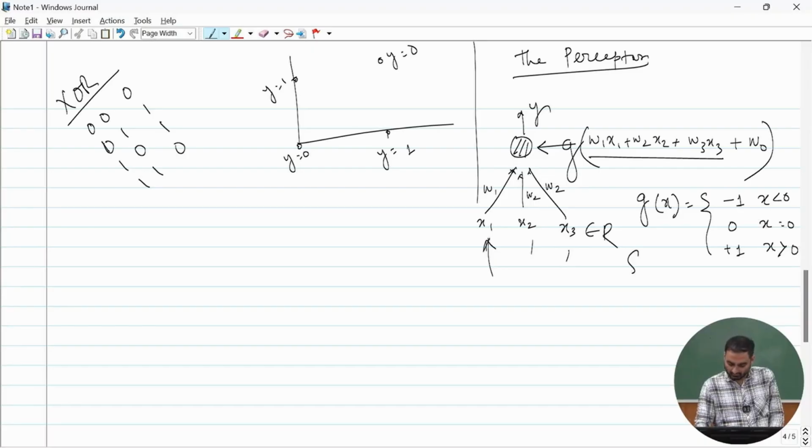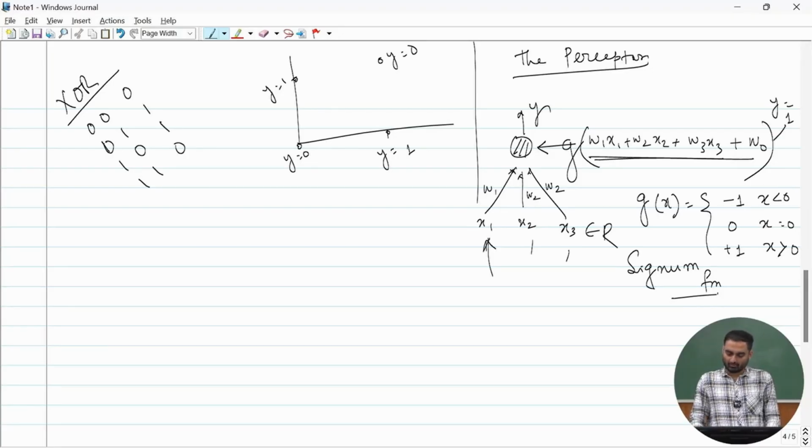So this function is called signum function. You take this input and process it, and if the input value is greater than 0, it will produce 1 as an output. Otherwise, -1 or 0.